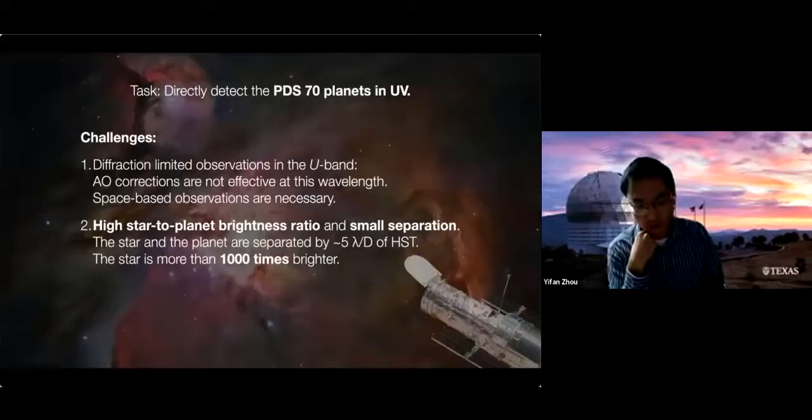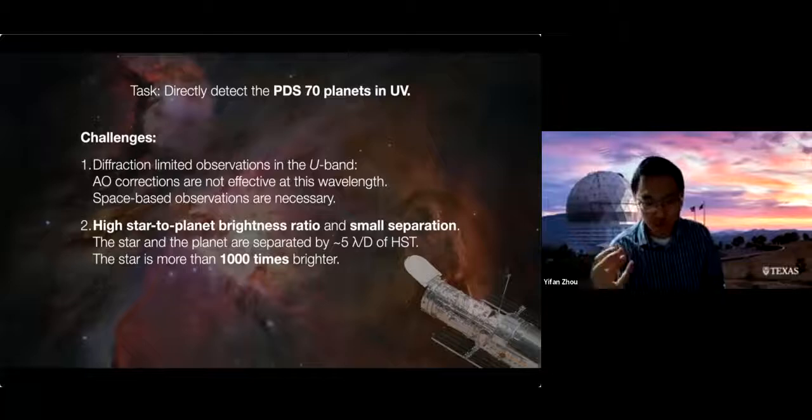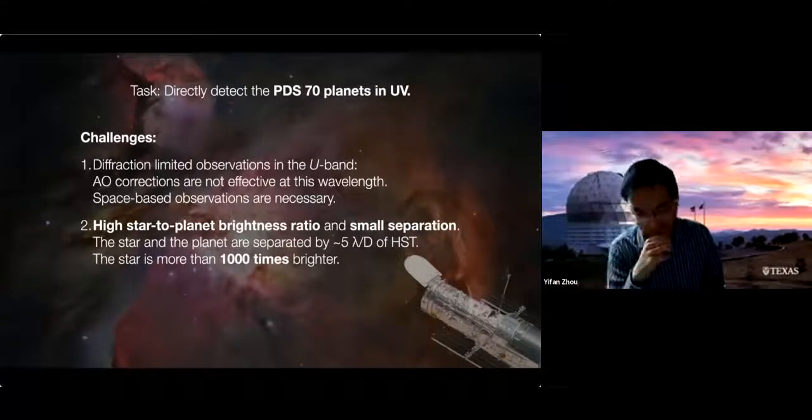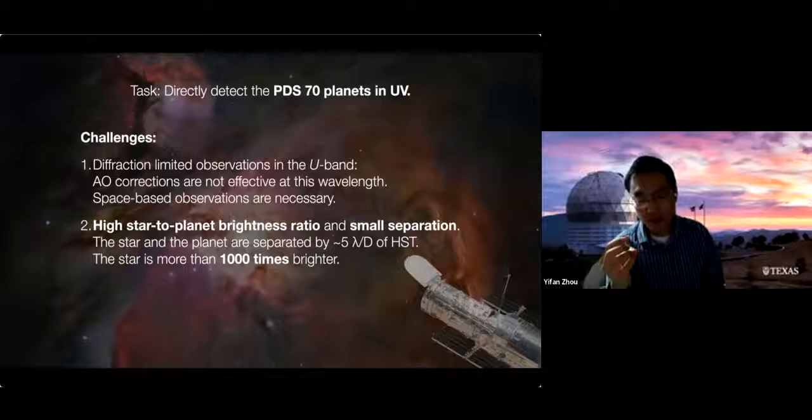To summarize the first part so far, the motivation to carry out the observation is that we are not sure whether the correlation between the H-alpha line and the total accretion luminosity gained from star formation studies can be applied to planet formation. So we want to get a more direct measurement of the total accretion luminosity. That requires us to target the planet to get its photometry at the UV band.